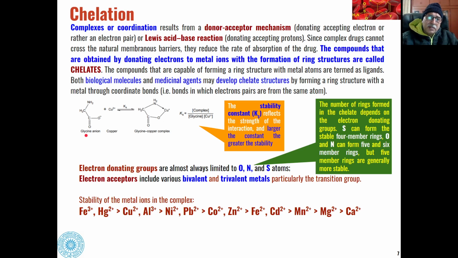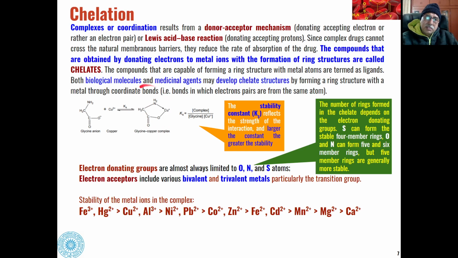For example, this is amino acid glycine anion. You can see this oxygen can donate electron, then nitrogen is also having a lone pair of electrons which can be donated, and with different metals, say copper 2 plus ion, they will form a bond, a ring structure, or glycine copper complex will be formed.